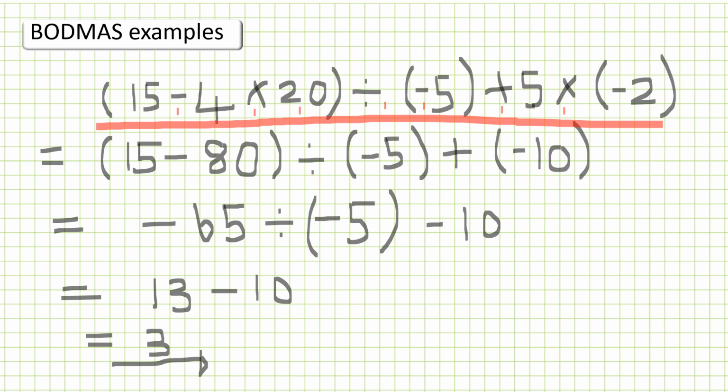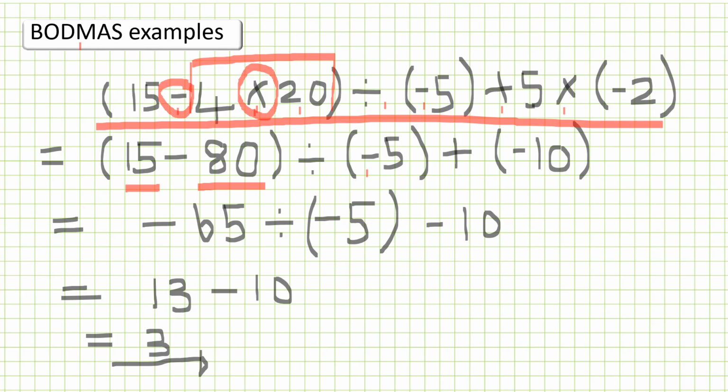Now the rule says we must multiply before we subtract. So you first say 4 multiplied by 20 is 80. Now you have 15 minus 80 and you've applied BODMAS. You did multiplication first. Then we say divide by minus 5.